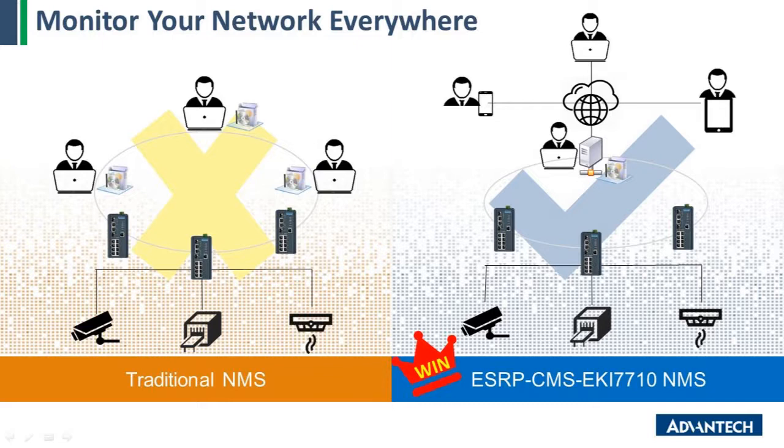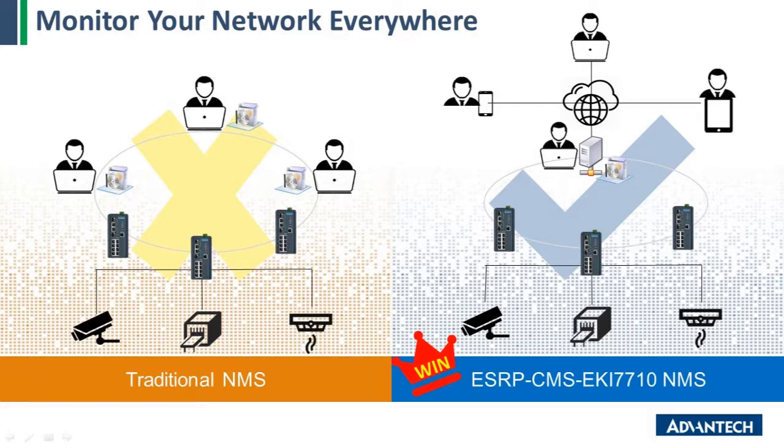ESRP CMS AK7710 is web-based software based on a server-client architecture, so users only need to install MMS on one server PC in the local network. They can use their own devices, like a PC or tablet, to monitor the network on a browser after connecting back to the server.